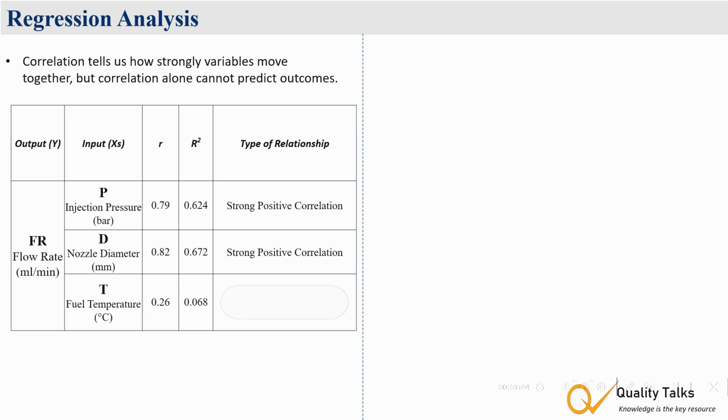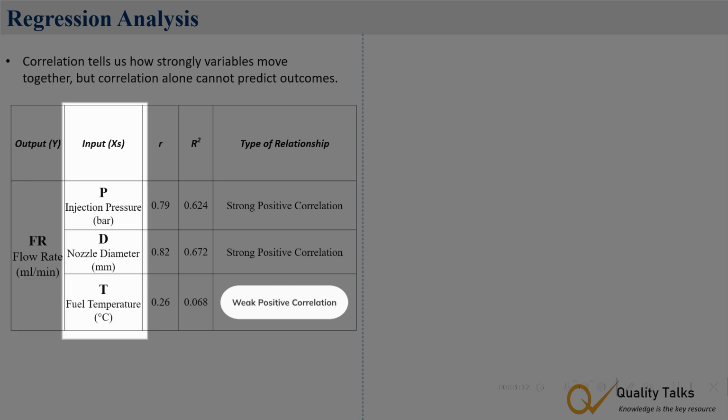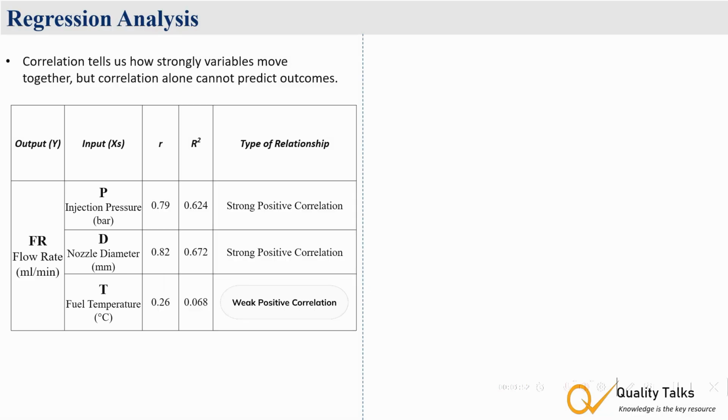We worked on a practical case study to understand the relationship between flow rate as output Y and three input variables: injection pressure P, nozzle diameter D and fuel temperature T. From our analysis, we observed that flow rate has a strong positive correlation with injection pressure and nozzle diameter, while it shows a weak correlation with fuel temperature. This clearly confirms that there is a relationship between the inputs and output.